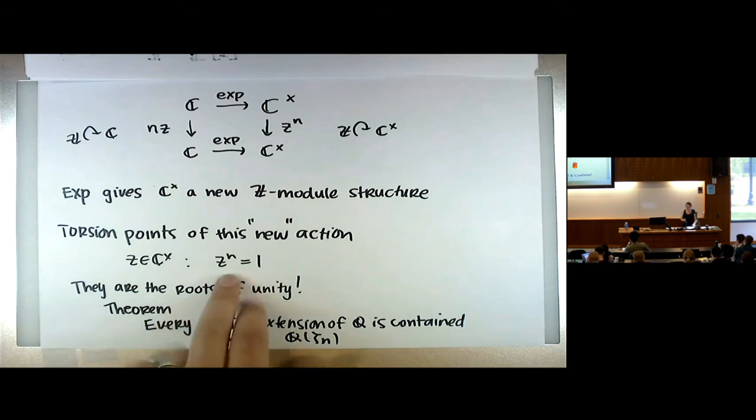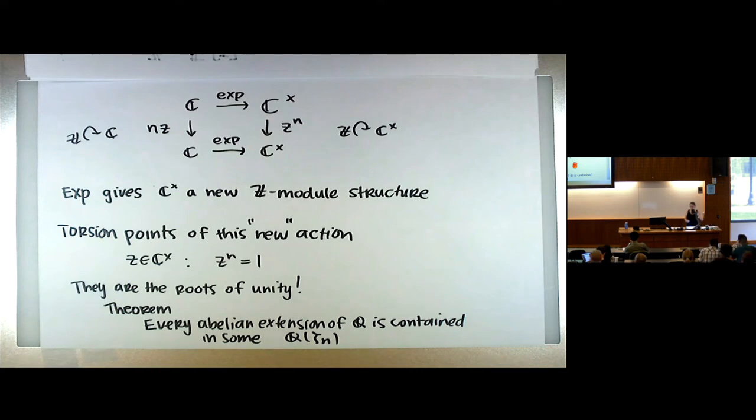And it's all about the torsion of this new Z module action. That's how I want you to think of the exponential. The exponential gives you exponentiation, which gives you a new Z action, which gives you torsion points, which gives you interesting abelian extensions of your base field. And that's what I will emulate with the Carlitz module.